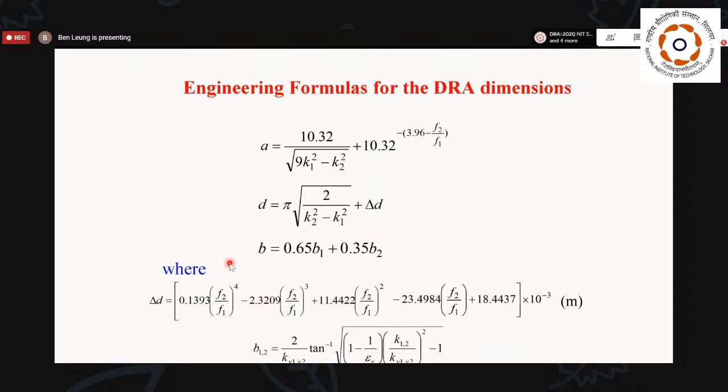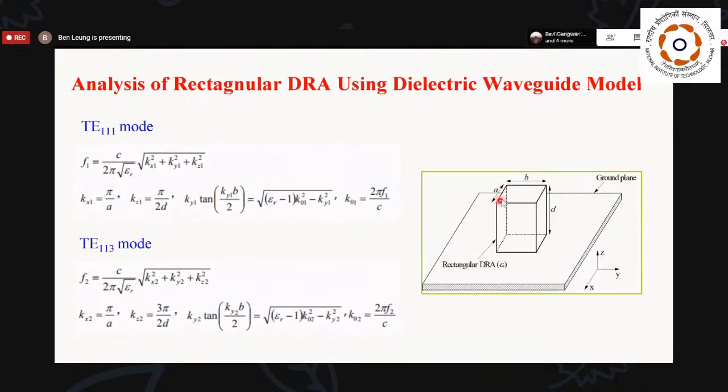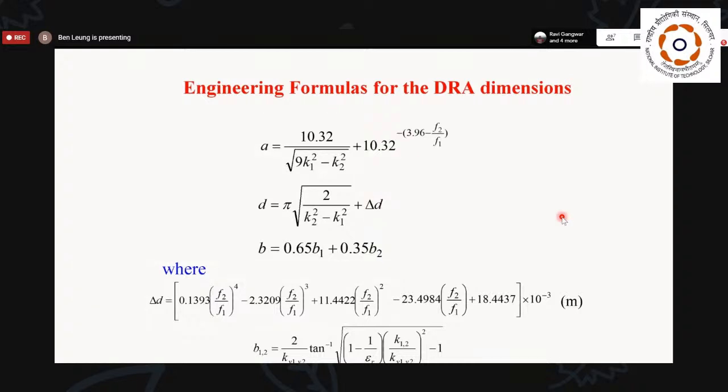This can be very time consuming. But with these formulas for the dimensions A, B, D, for a given dielectric constant, we don't need to go through the painful trial and error process.